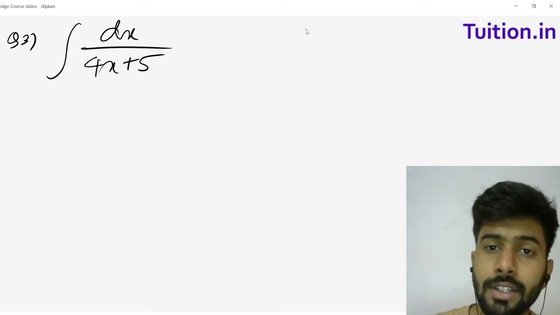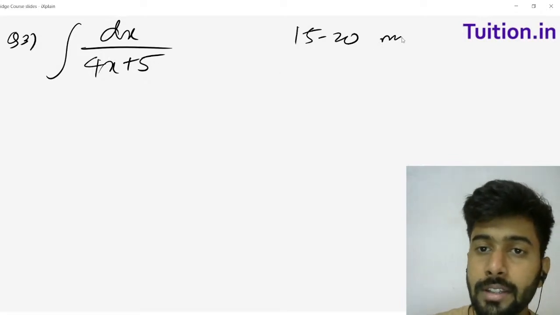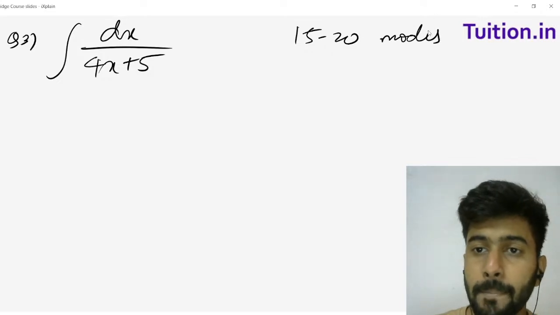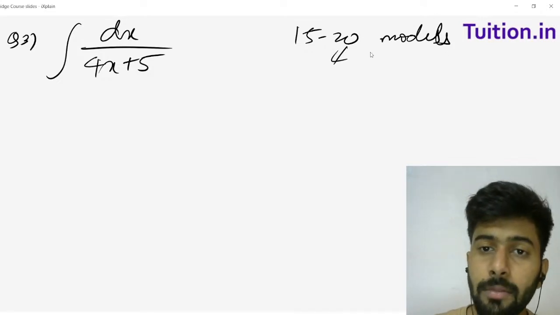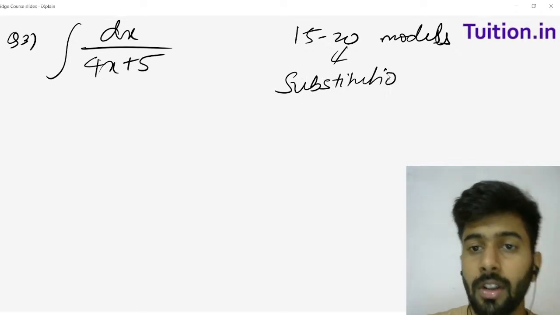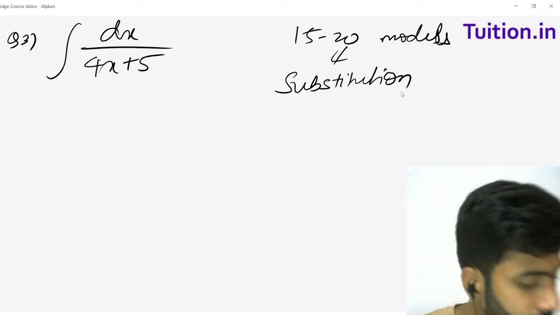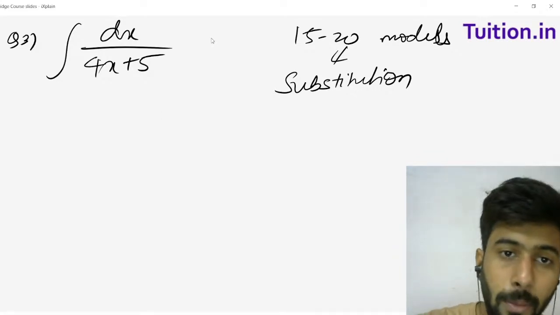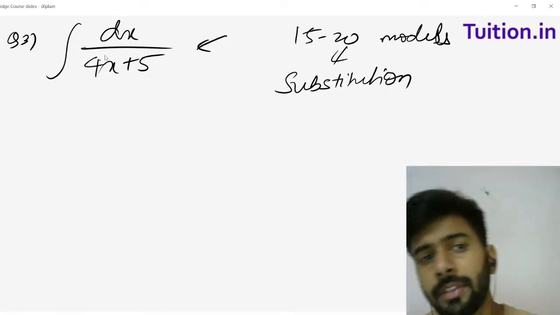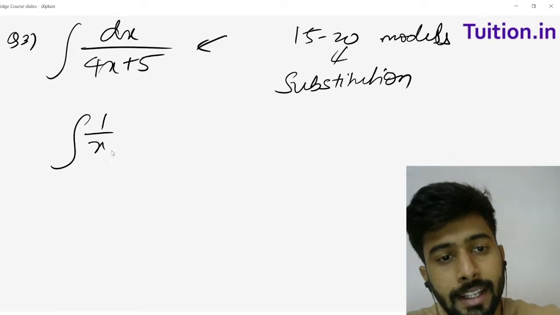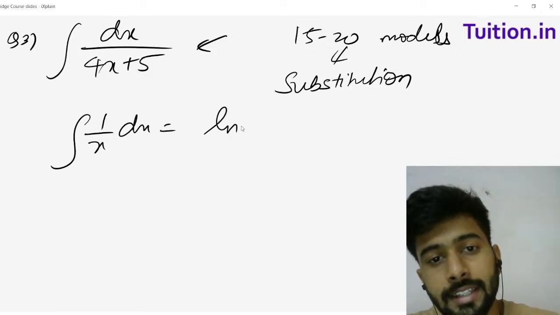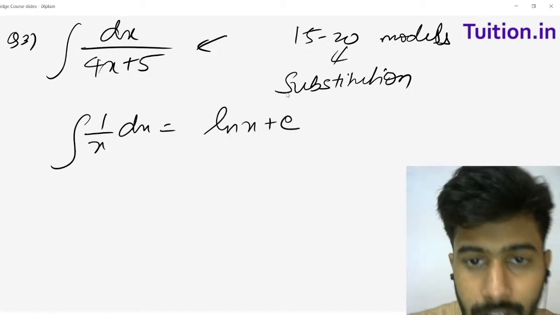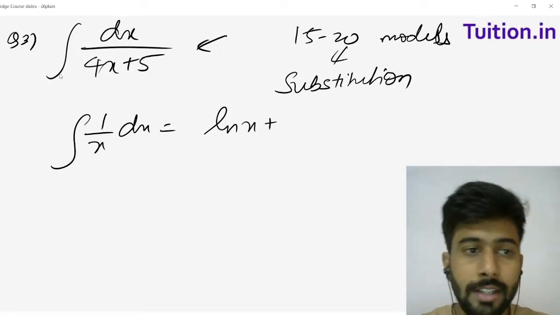So out of these 15 to 20 models, there is one model called substitution. We are going to use one of those models for this problem, because the problem here is, if it was 1 by x dx, you would know that it is ln x plus c, the answer.